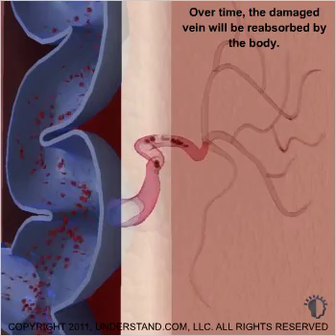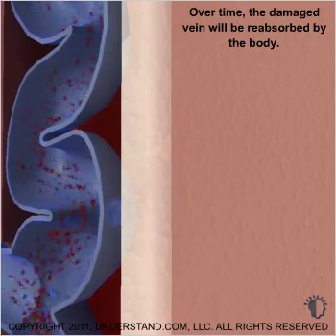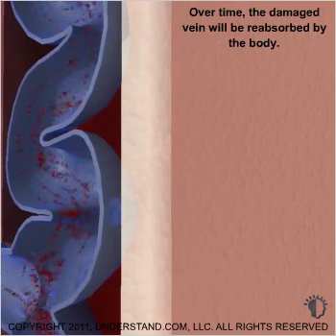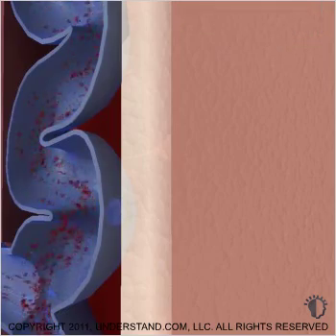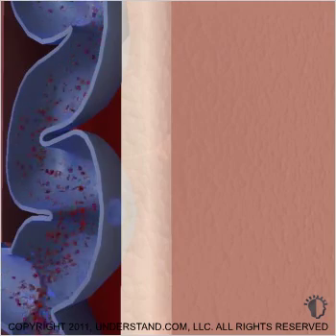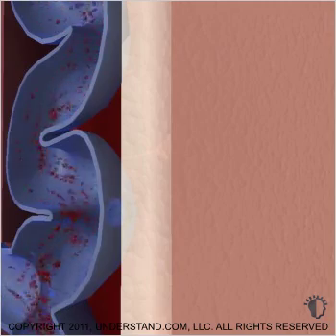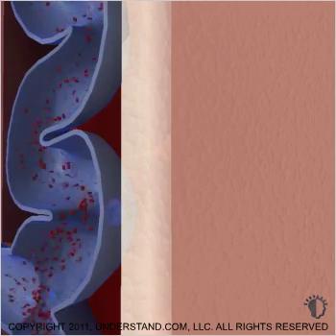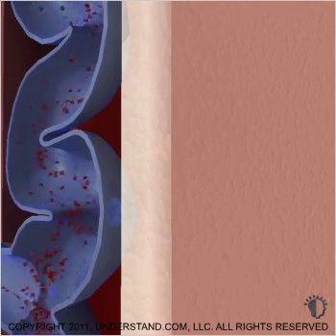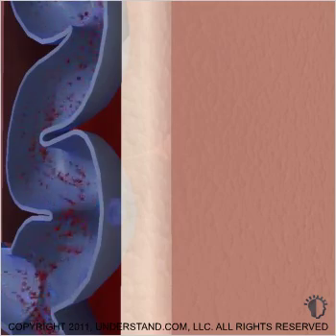As this happens, the damaged vein will collapse. Over time, the damaged veins will be reabsorbed by the body, reducing their appearance. While the appearance of spider veins and varicose veins can be reduced significantly during a single treatment, it is important to remember that multiple treatments are usually required to treat a single area completely.